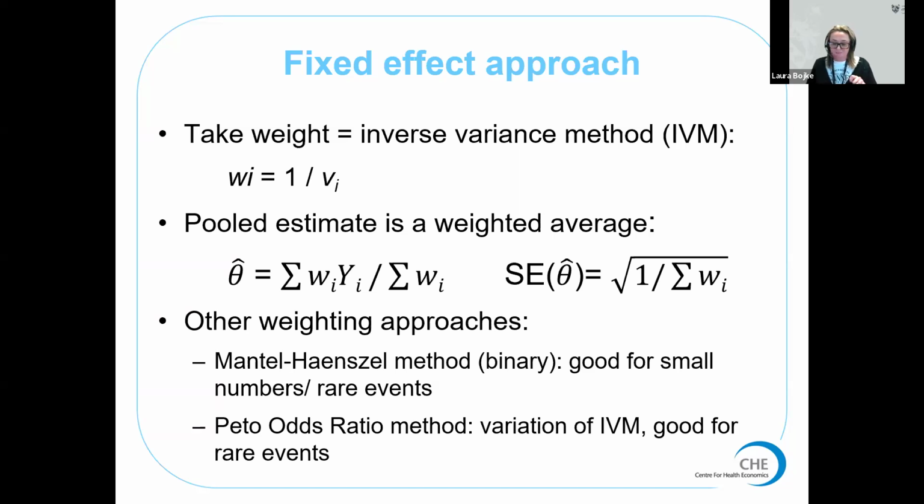And then the variance of the combined effect is defined as the reciprocal of the sum of all of those weights. These are things that can be quite easily pulled out of standard statistical software, or indeed calculated in things like Excel using relatively simple formulas.